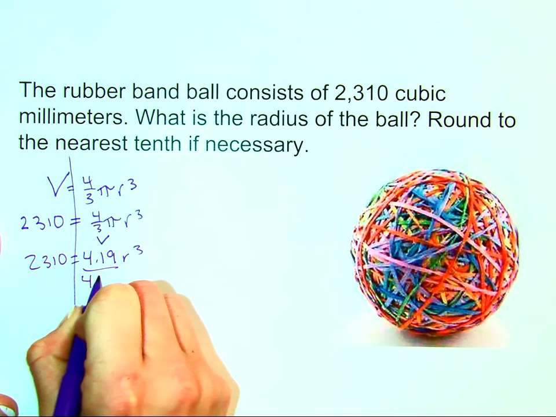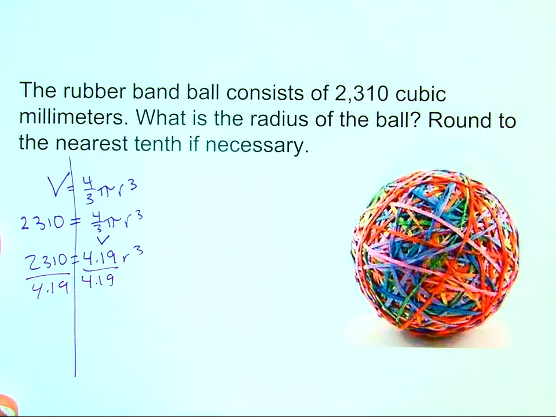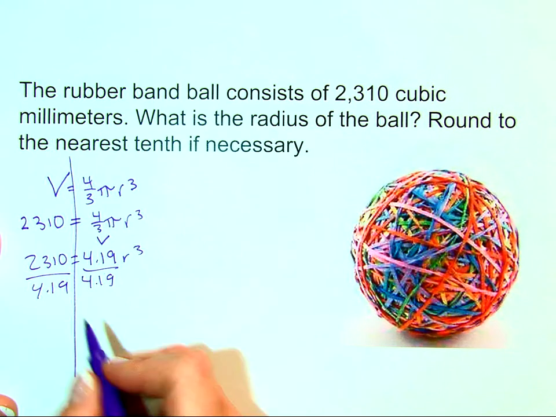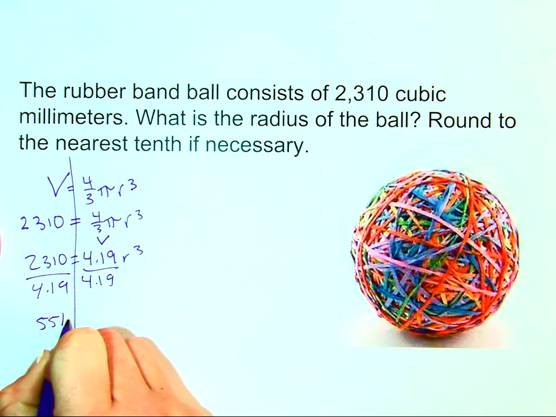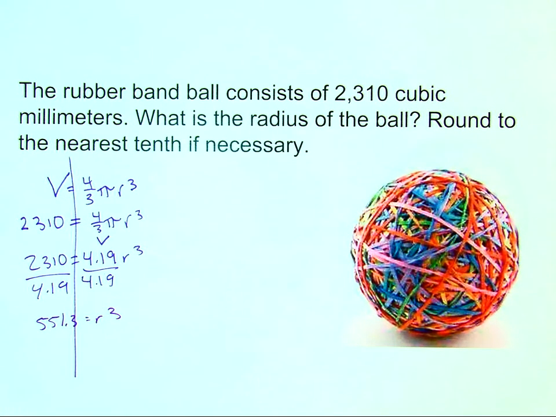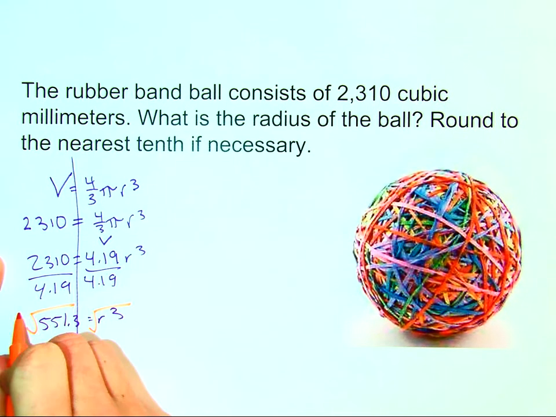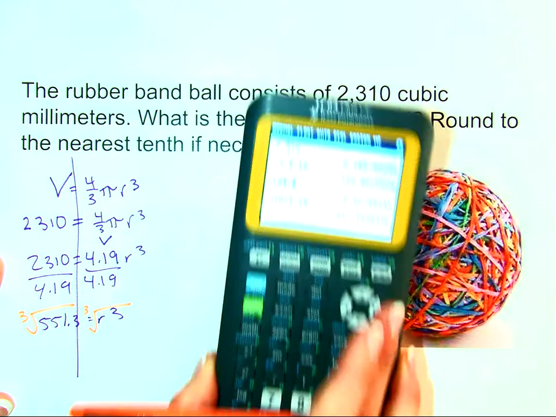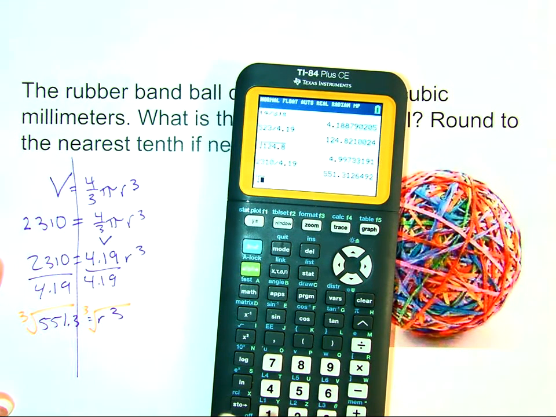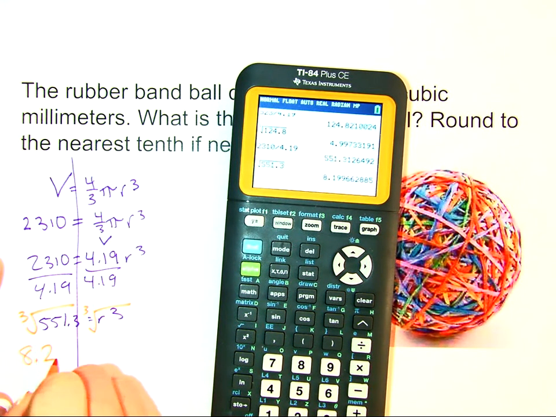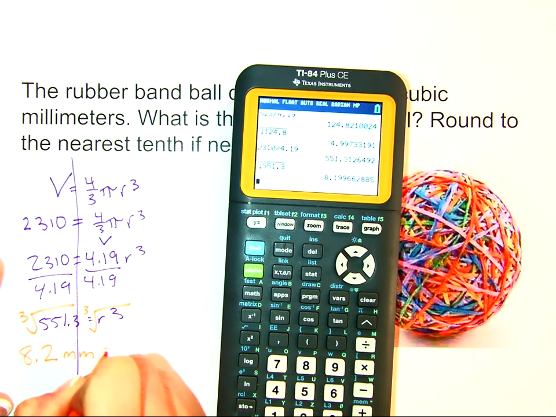Divide by 4.19. 551.3 is equal to r cubed. To get rid of that, we need to take the cube root. So remember, that's math 4 of 551.3. Gives us approximately 8.2 millimeters for our radius.